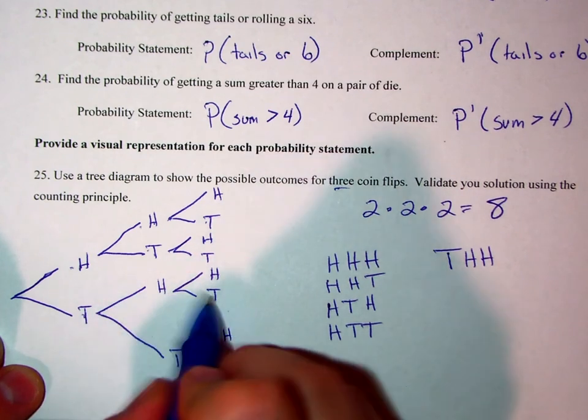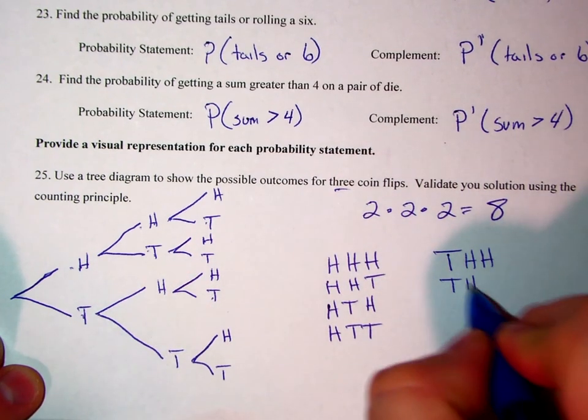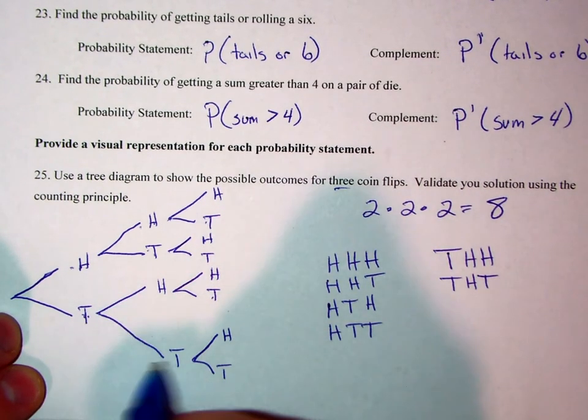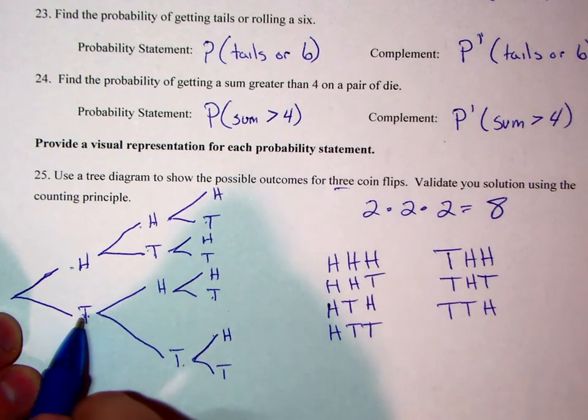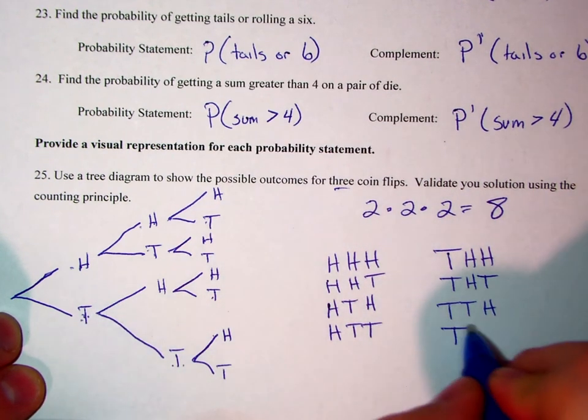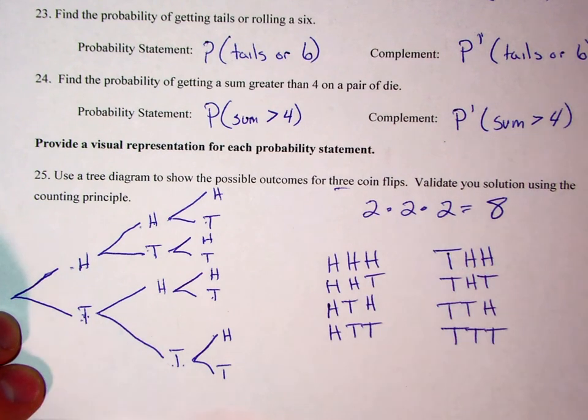Sixth, tails, heads, tails. Seventh, tails, tails, heads. Eighth, tails, tails, tails. So we have in fact gotten 8 possible outcomes for flipping 3 fair coins.